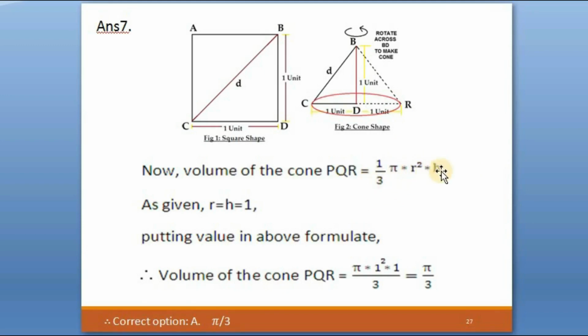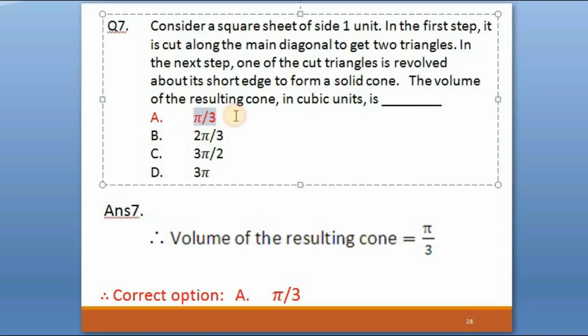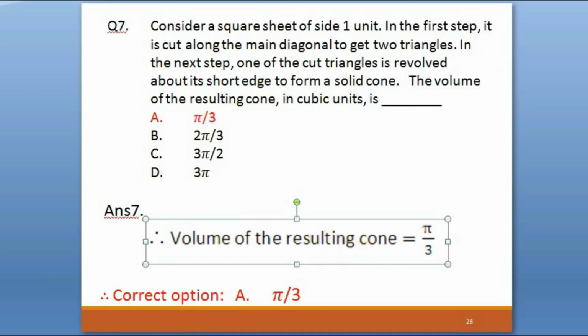So as per the given condition, r and h are given as 1. So putting values in the above formula, we will get the volume as pi by 3. So out of those options, the first option, pi by 3, is the right answer, right? Now let's move to the next question.